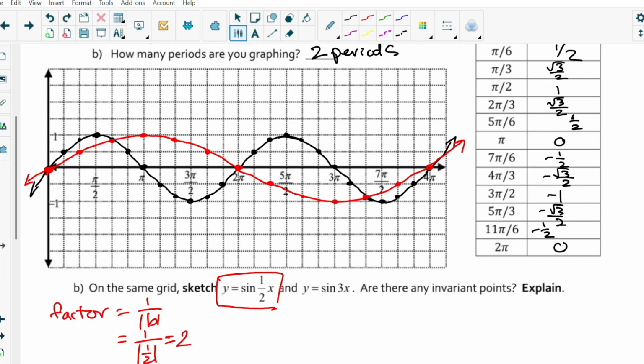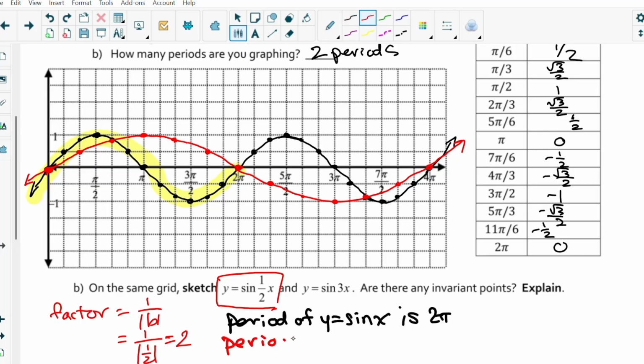What was the period? What's the period of the sine function? So the period of the sine function is 2 pi, right? Okay.